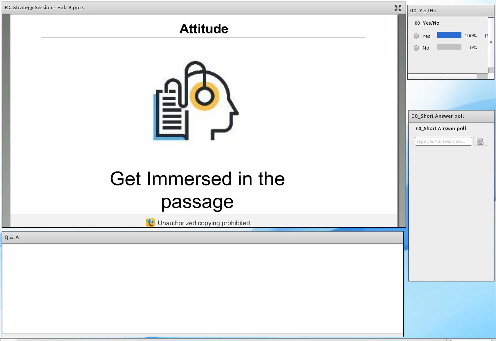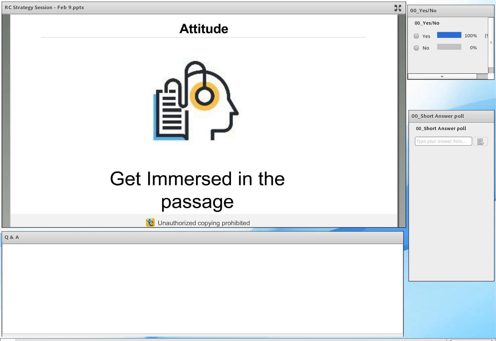You have to be completely immersed in the passage. I'm repeating myself because this is the most important thing, and no one can teach you how to get immersed in a passage. It is just something which you have to set your mind at.